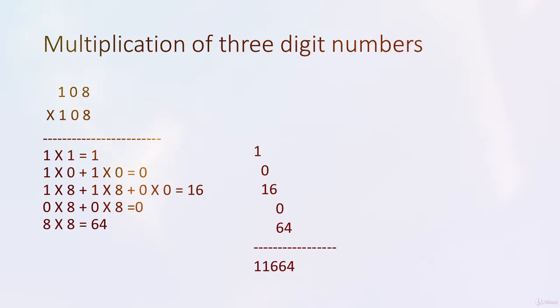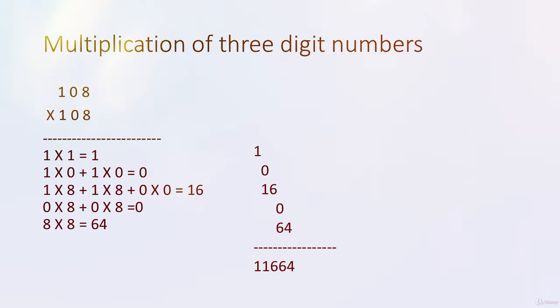That is, 1 multiplied by 1, the result will be 1. For the second digit of the answer, we will do cross multiplication between first and second digits and add them up. 1 multiplied by 0, and adding again 1 multiplied by 0, the answer is 0.